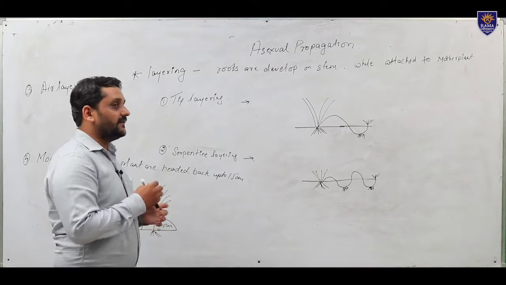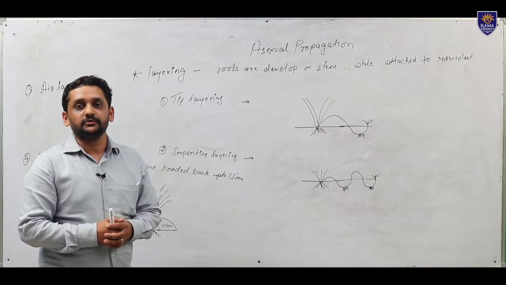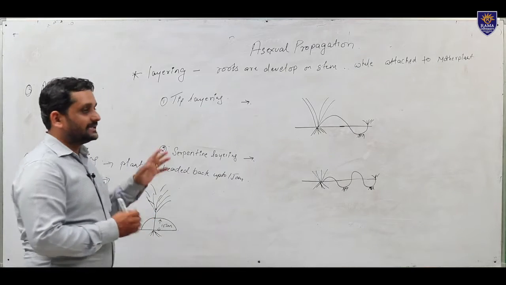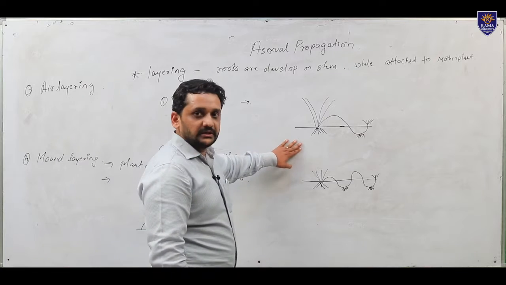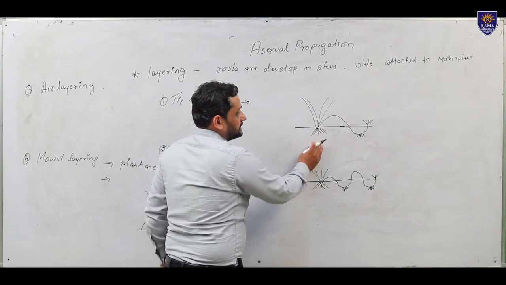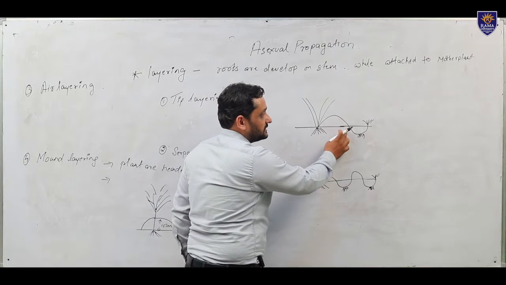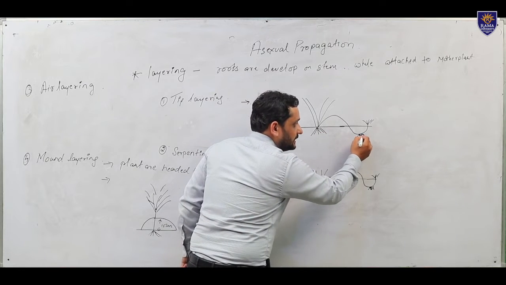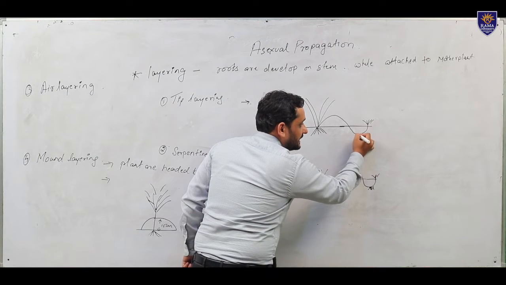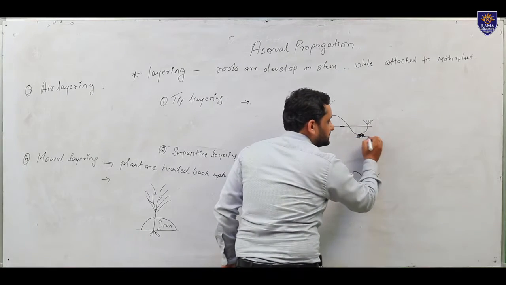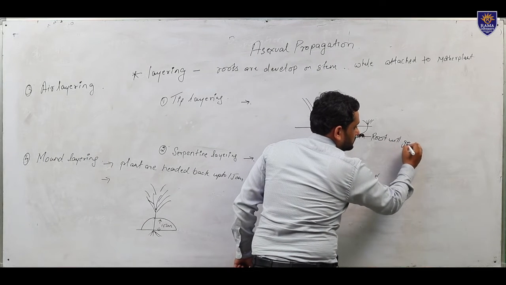Now after cutting, the second method of asexual propagation is layering. Layering is the development of roots on the stem while it is attached to the mother plant. It is divided into 4 parts. First is tip layering. As I have drawn in the diagram here, the plant is grown, and we select a 1 year old branch and dig it into the soil, and in this portion the roots will germinate.